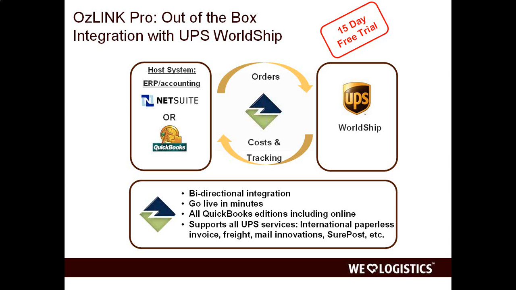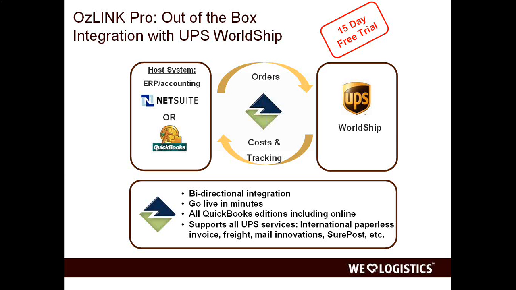A couple of highlights there. One is OzLINK Pro will integrate with any version of QuickBooks. Many companies using QuickBooks today are migrating to the web-based or online edition, which is fully supported through OzLINK Pro. Same with NetSuite: all editions, including OneWorld, are supported through OzLINK Pro. And when we say out-of-the-box integration, we mean the ability to share information in real time in both directions, so I can pass information to WorldShip and bring information back to my accounting system.